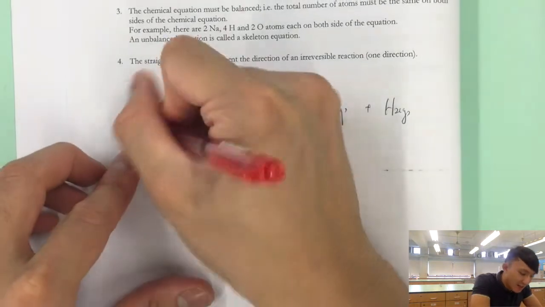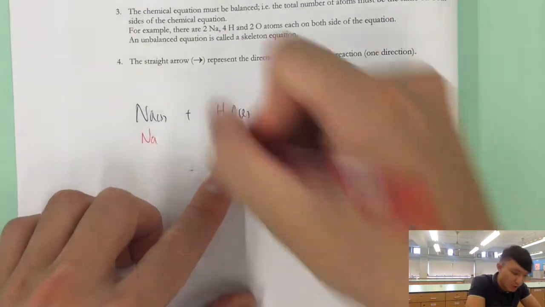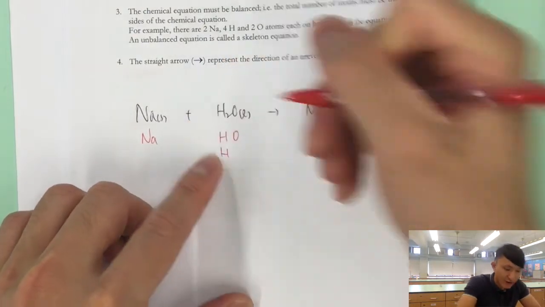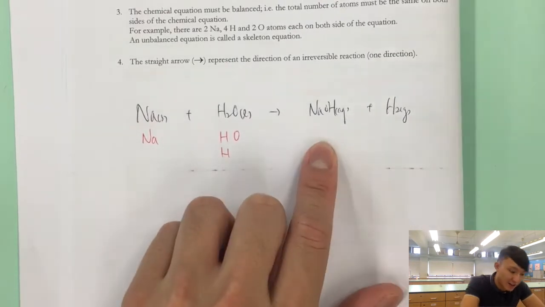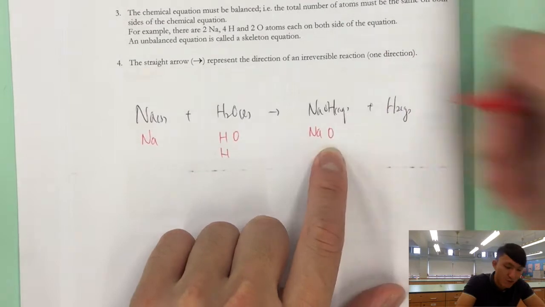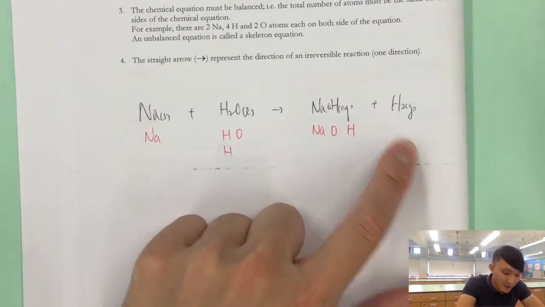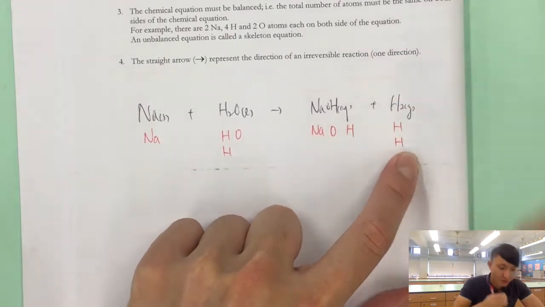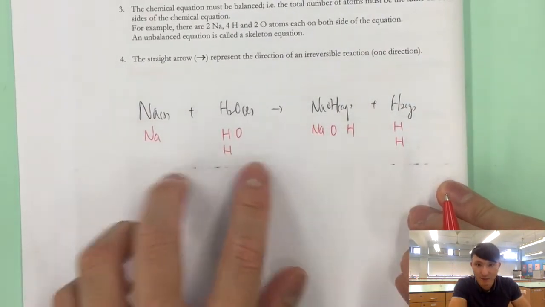Now here, Na, so 1 Na atom. Here, H2O, so H, H, O, right? 2 hydrogen atoms, 1 oxygen atom, right? On the right-hand side, we have Na, we have O, we have H. And here we have H, H. So these are all the atoms that we can find from reactant and product.